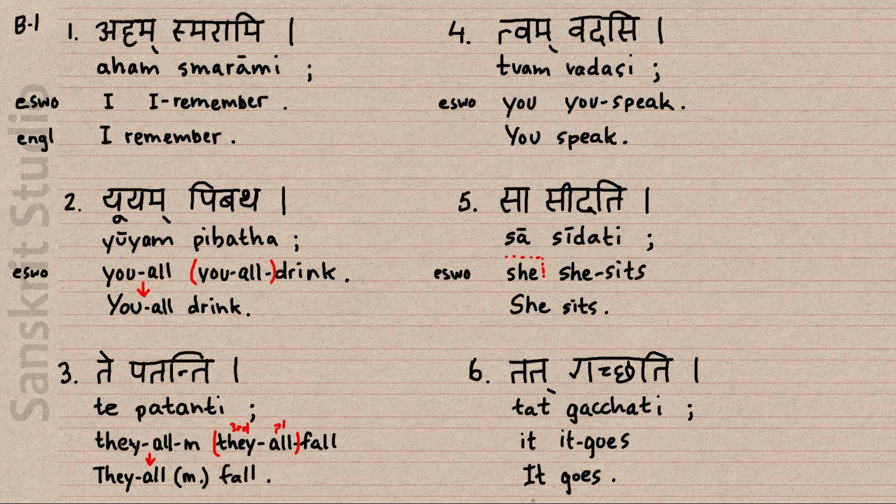Number 1, aham. I'm proofreading now from my exercise sheet, the downloadable one that you can do also. Let's see, B1. Aham smarami. I remember.